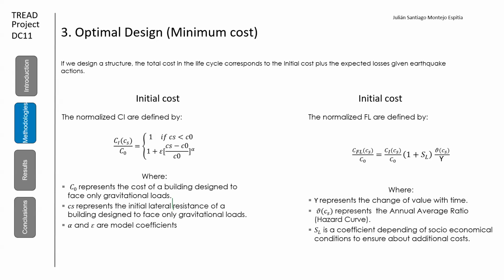And then you have the initial cost, but you have also the future losses expected by earthquake. So if you include the initial cost and then the future expected losses in all the life of the building, you will have the expected total cost of your building.